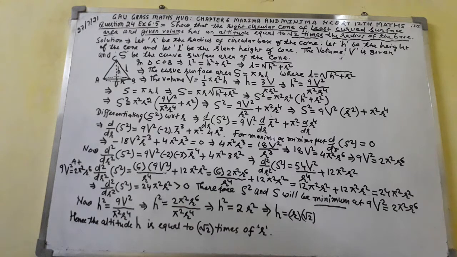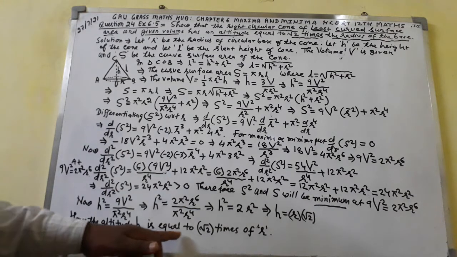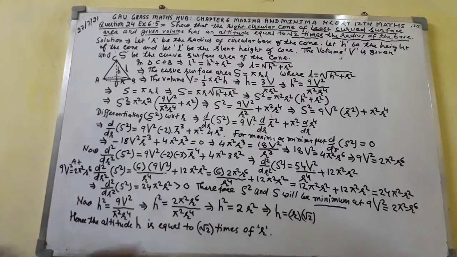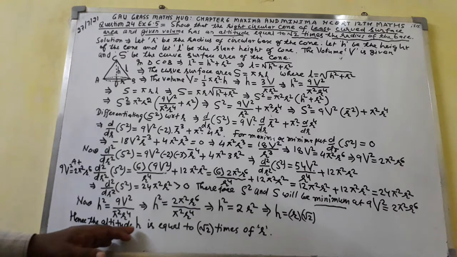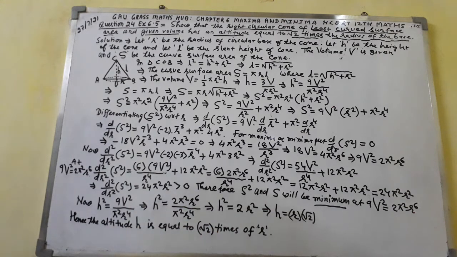This has been shown like this. Hence the altitude h is equal to under root 2 times of r, the radius of the base.